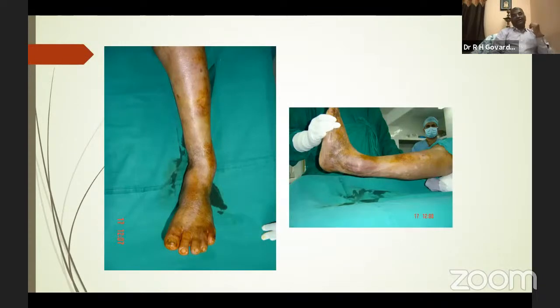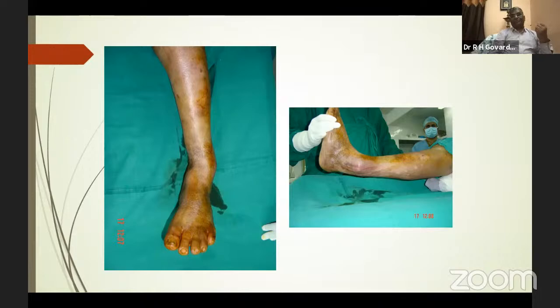Example of a doctor who is a practicing doctor in Puducherry. This gentleman had a fracture distal end of the tibia, which was earlier fixed, and he had an infection. They removed the implant, and since he was an uncontrolled diabetic, 2 or 3 attempts at doing internal fixation failed to unite this.